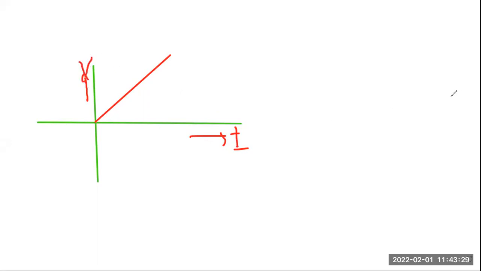Is this a linear element or a non-linear element? Please tell me. Linear element, sir. Correct. This is a linear element.